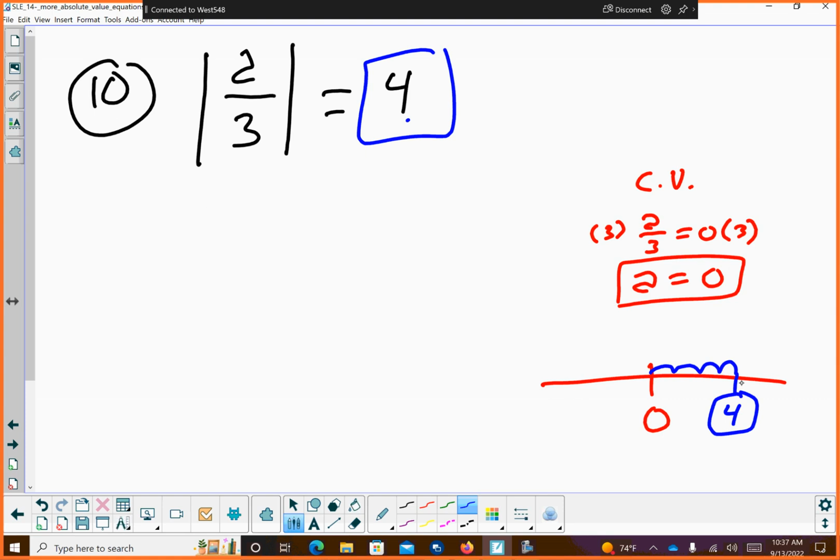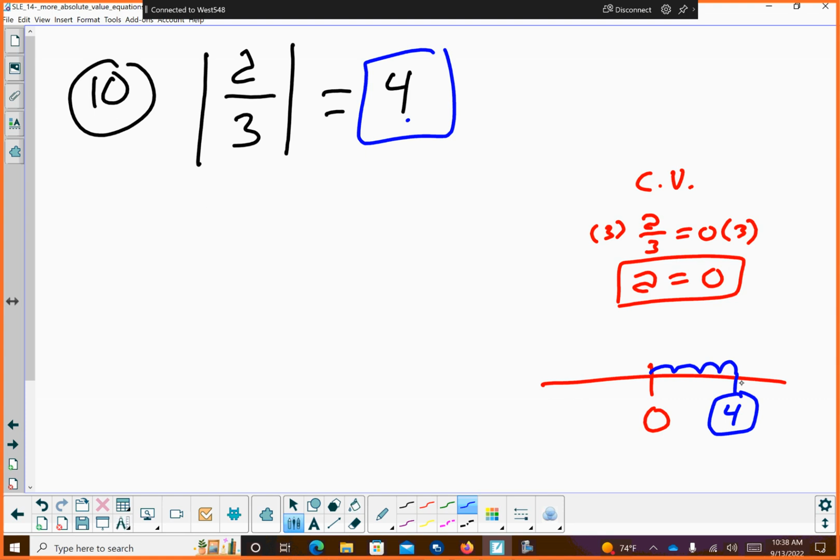Is 4 over 3 4? It isn't. So something different happened on this one that we haven't seen. What number would I have to plug in for A to make this absolute value true?